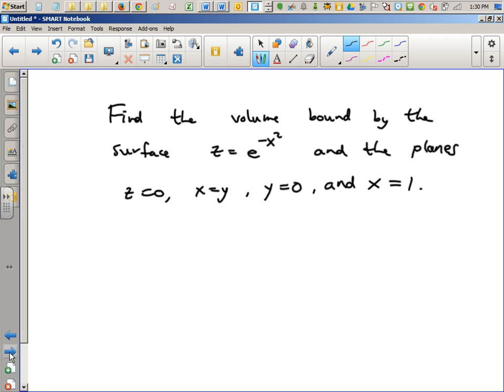You might say, this is a ridiculous problem. Well, z equals e to the negative x squared is a mountain shape of its own. Okay? Like it's a surface, it's a mountain, right? z equals 0, this is just the xy plane.